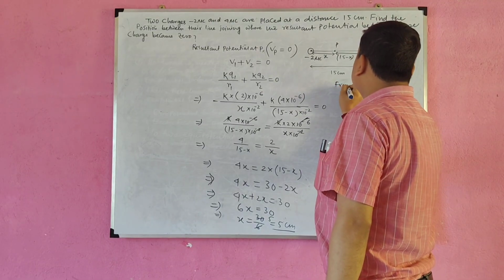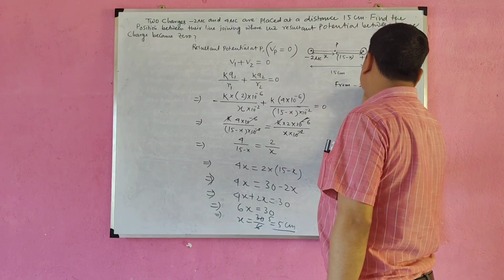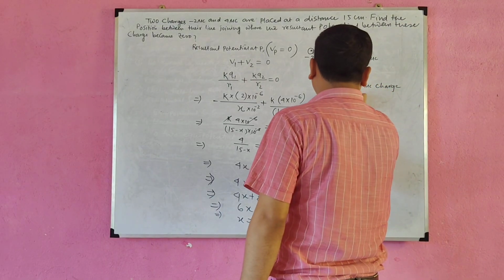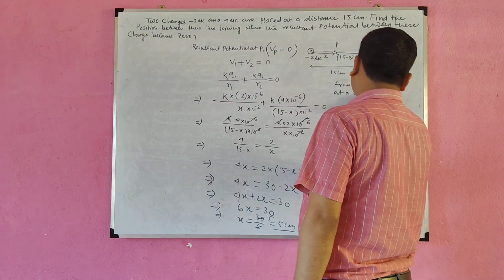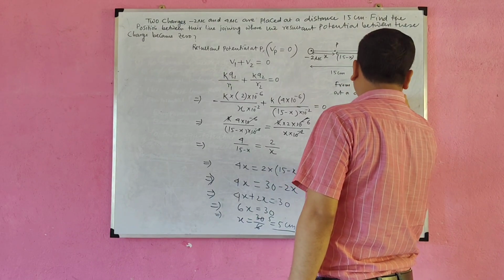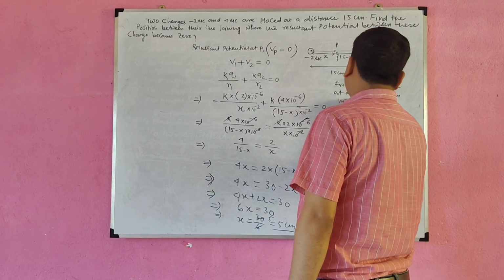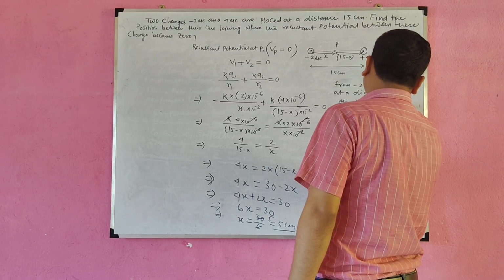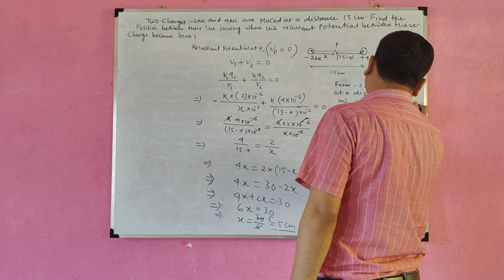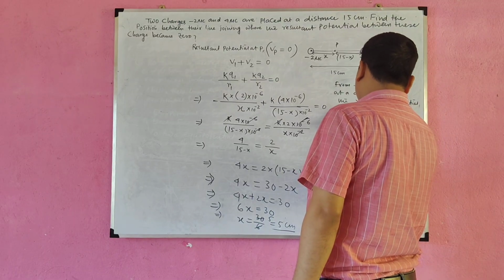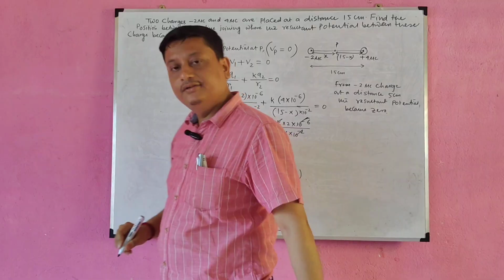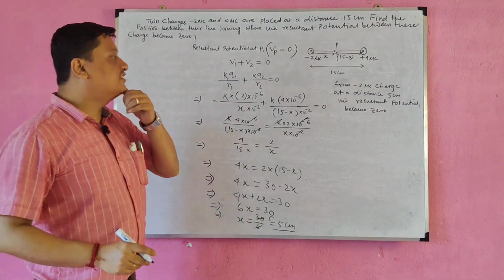From minus 2 microcoulomb charge at a distance 5 centimeter, the resultant potential became 0. Okay. This is one pattern of questions here.